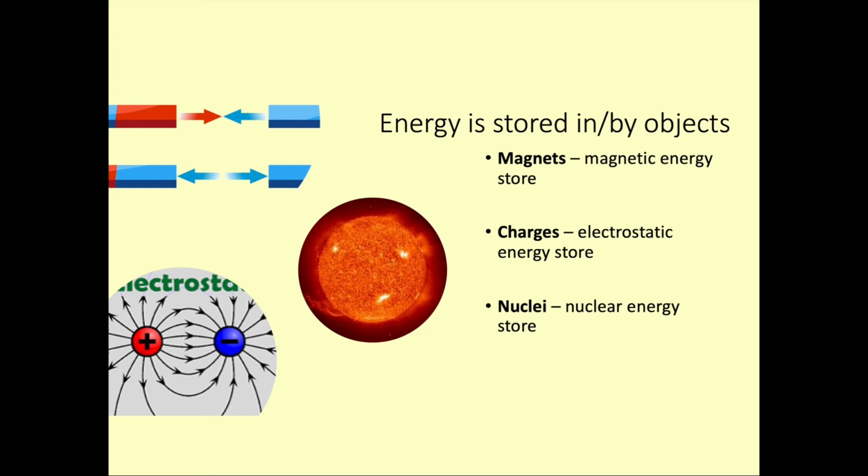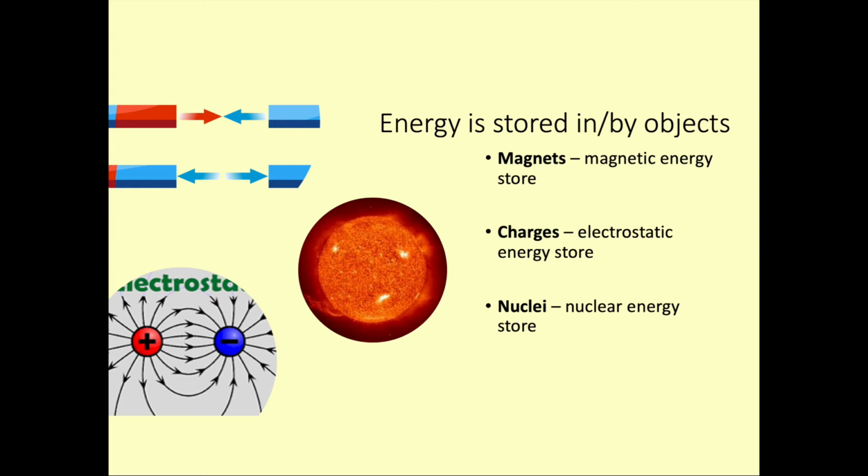So magnets, I'm sure you're familiar with. They attract or repel each other. And we've seen that as well with charges this year when we looked at ions, where there were charged particles. So with our magnets, we have attraction between the opposite poles. With our ions, we're going to have attraction between the oppositely charged ions.